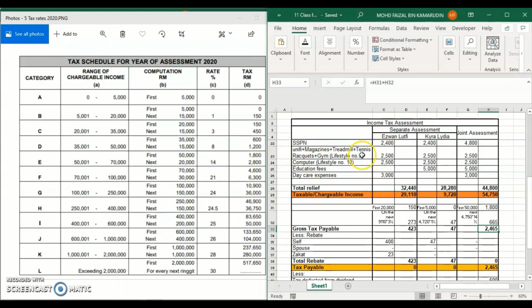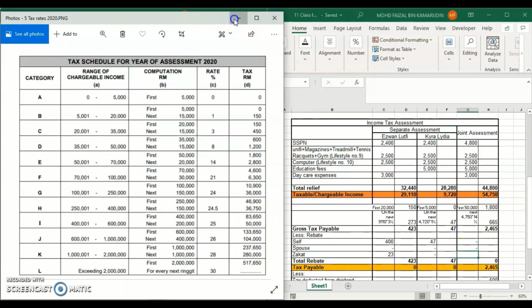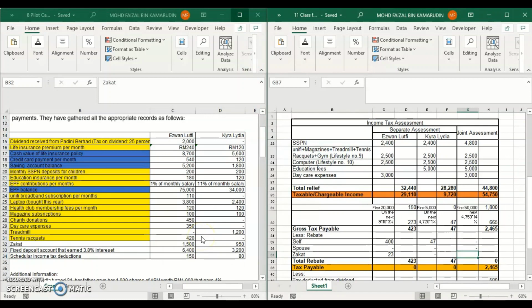So then you have to pay another 665. So in total you have to pay 2465. This is what we call gross tax payable. Self rebate you are not entitled to because this one exceeds 35,000, and automatically for this one as well. Now let's check how we treat zakat. And this is the one that I mentioned.